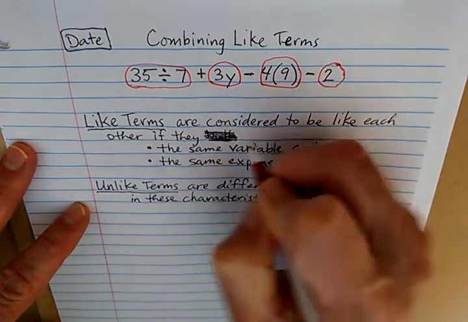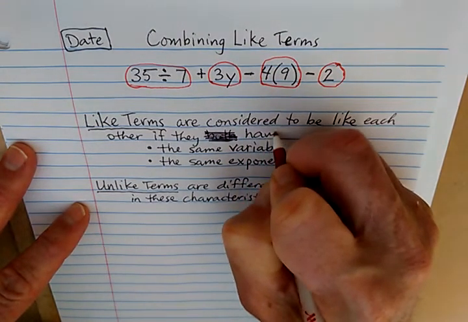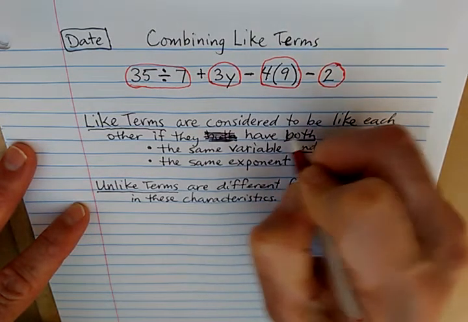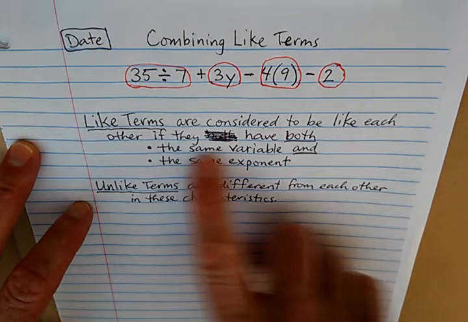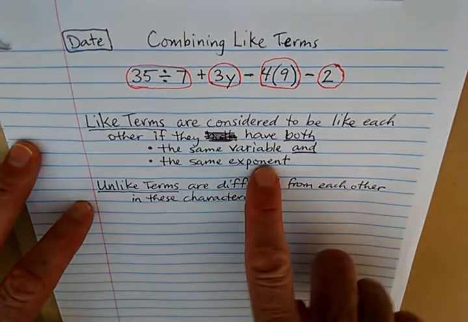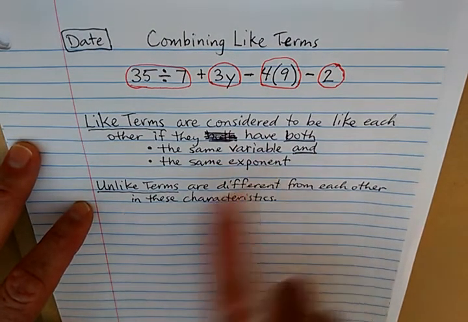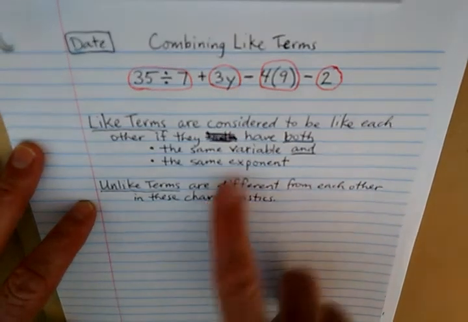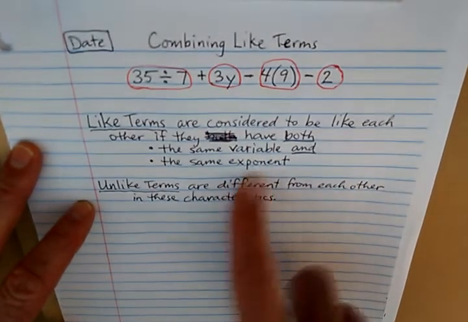Sorry, it should say if they have both. So they have to have both of these things, the same variable and the same exponent. And unlike terms are different from each other in these characteristics, in terms of variables and exponents.